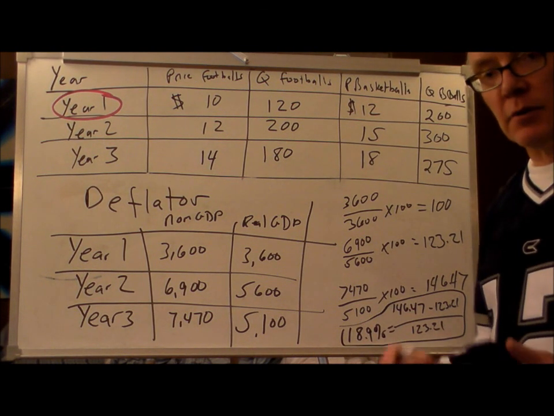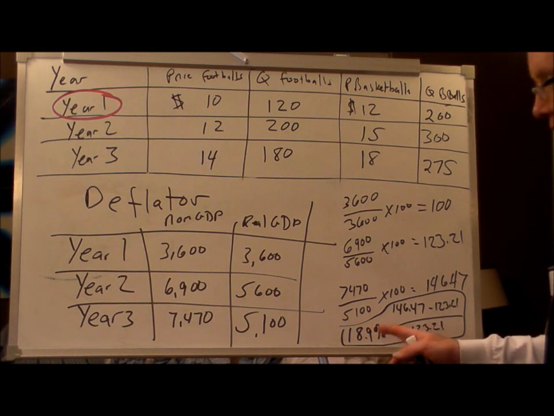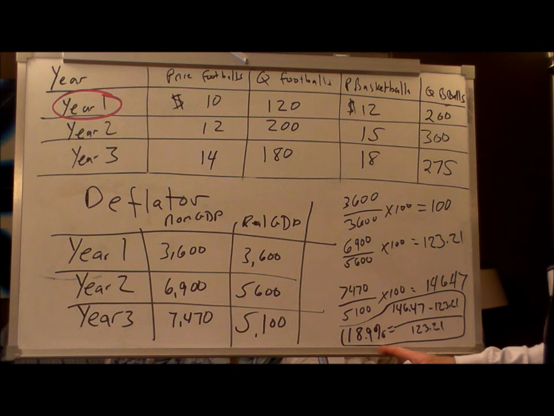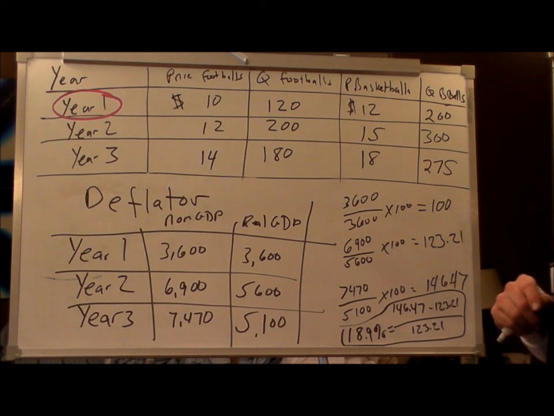As I said, and we'll learn more later on, there are other measures of inflation that may actually be even better at capturing what's actually happening with overall prices. But in terms of the GDP deflator as a measure of inflation, it says that prices went up 18.9% between year two and year three, given this example, and our very simple economy that only produces footballs and basketballs.